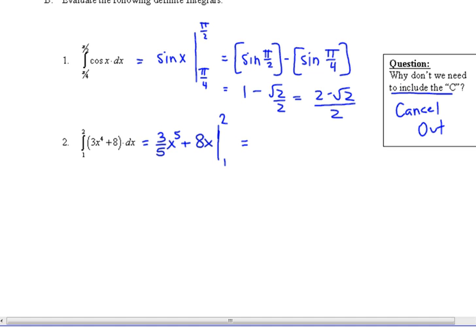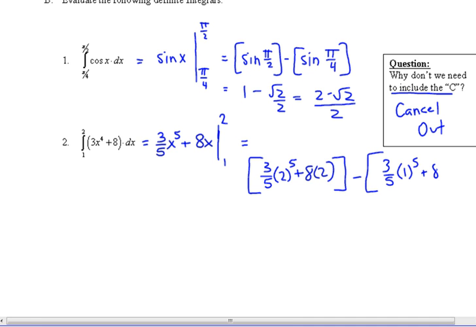Okay, so now we want to find F of 2 minus F of 1. So 3 over 5 times 2 to the 5 plus 8 times 2, minus 3 over 5 times 1 plus 8. 2 to the power 5 is 32. 32 times 3 is 96 over 5, plus 16, minus 3 over 5 minus 8.